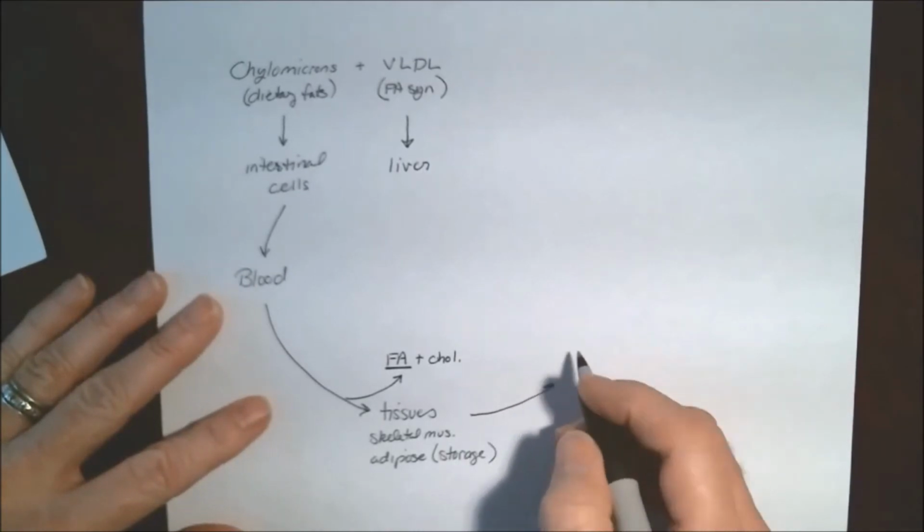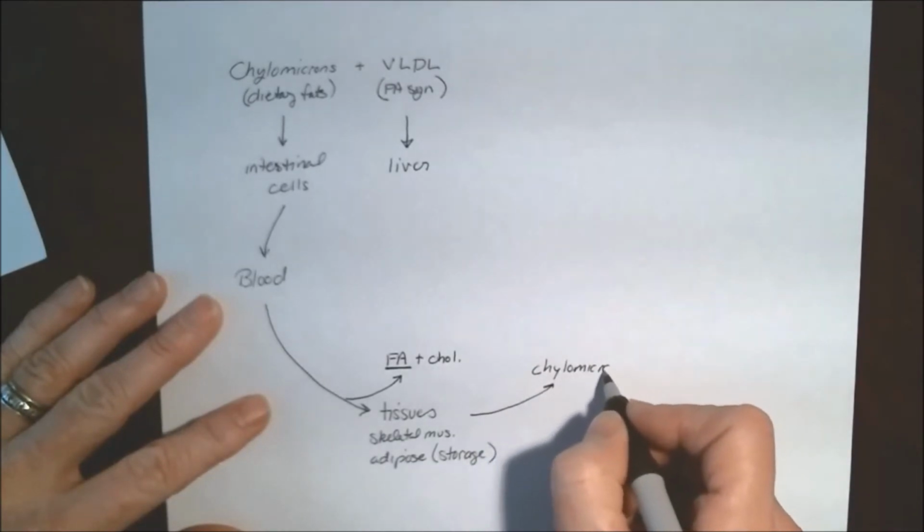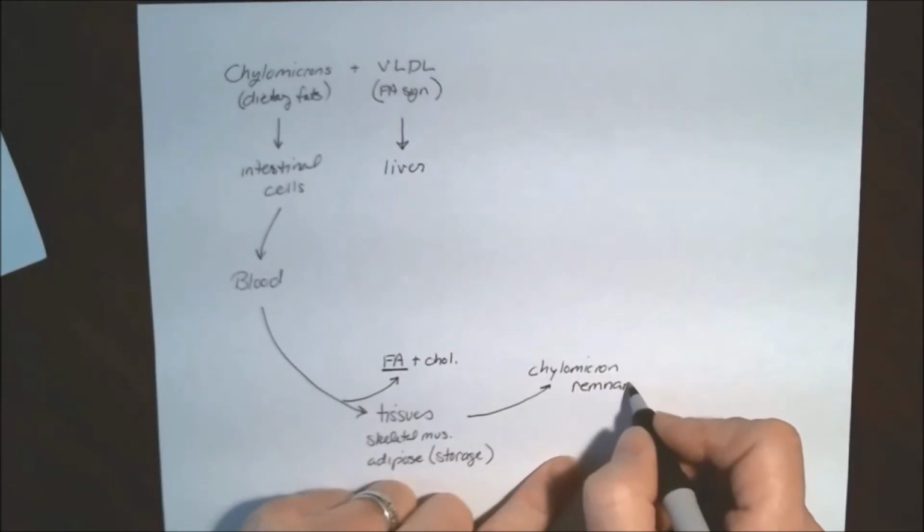Once this happens, we form what are called chylomicron remnants.